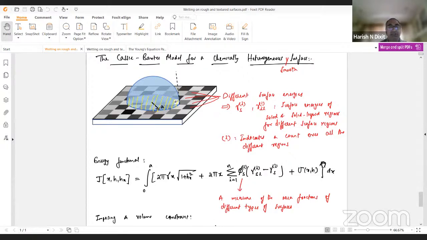But usually it is possible to make surfaces exactly like what I've shown. What is essentially done is chemical treatment. You cover the part of the surface which you don't want to react, you protect that part of the surface. The word used for this is a mask.